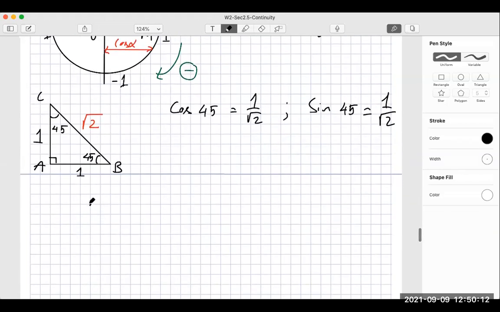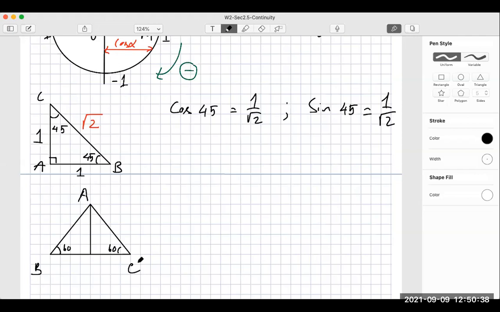And here, suppose this is a special triangle where all the angles are 60 degrees. A, B, and C. We know that AB is equal to AC and BC, right?